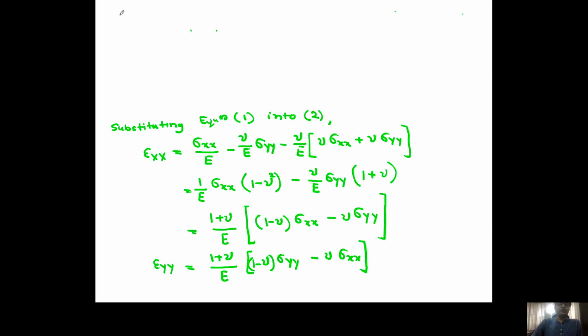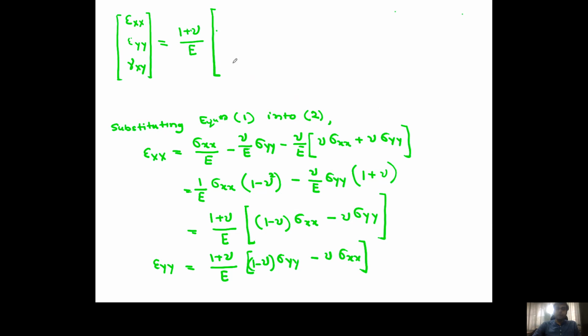So if I write epsilon, I have epsilon xx, epsilon yy, and gamma xy. And then you see 1 plus nu by E can come outside. So 1 plus nu by E, I'm keeping it outside.